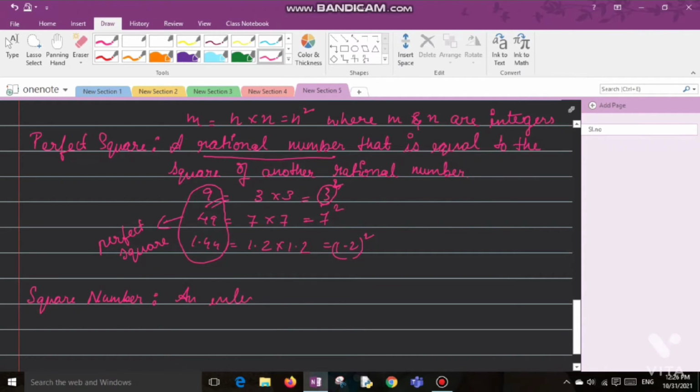An integer that is a square of another integer is called a square number.